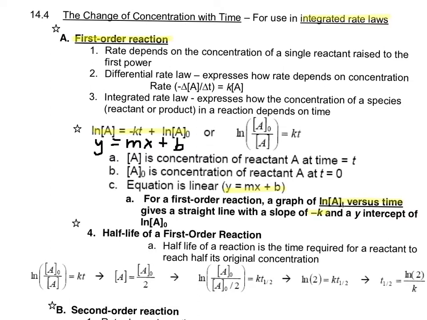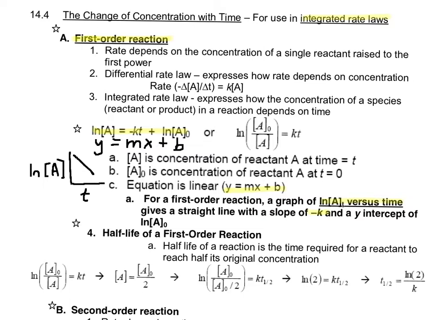So if you see a graph that looks something like this, with your natural log of A versus t giving you a straight line, you know first off that it's a first order reaction. You know also that if you calculated the slope, it would be equal to negative k. And so you could take your negative slope and find k.